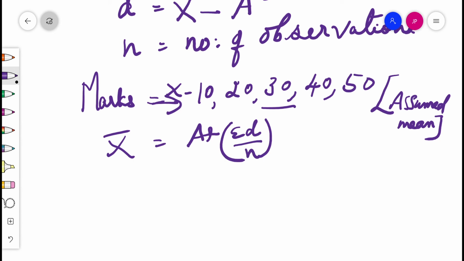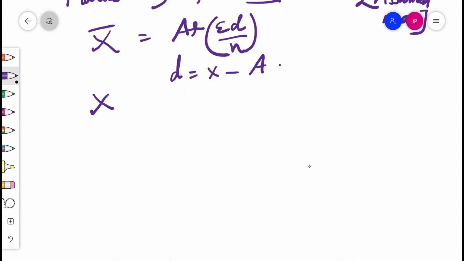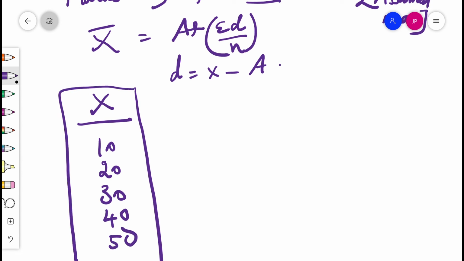A is the assumed mean, and d is equal to x minus A. So we can assume one mean from here. Let it be 30 or 20 or 40 or 50 or 10. I take 10. So please rewrite the numbers: x equals 10, 20, 30, 40 and 50.